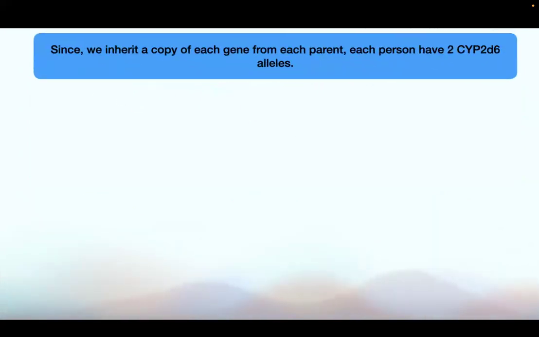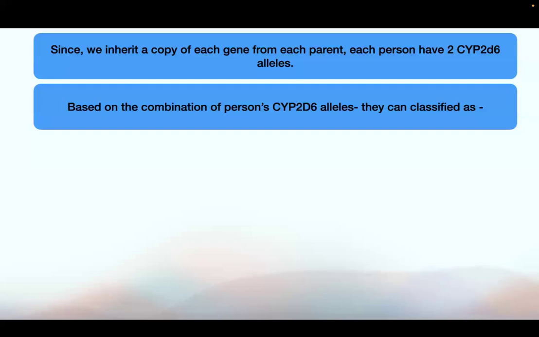Let's understand. Each person inherits a copy of each gene from each of the parents, one from mother, one from father. Each person has two CYP2D6 alleles. Now please understand what is happening here.